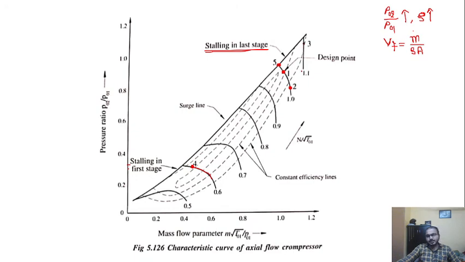Here we cannot further increase the mass flow rate, and the pressure ratio decreases. This is the point of choking, that we cannot go beyond for an increase in the mass flow rate. Mass flow rate cannot be increased. So this is the choking phenomenon which happens at higher RPMs.